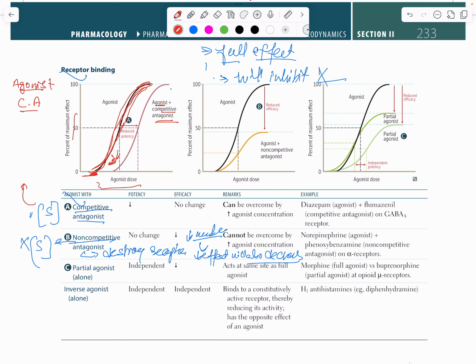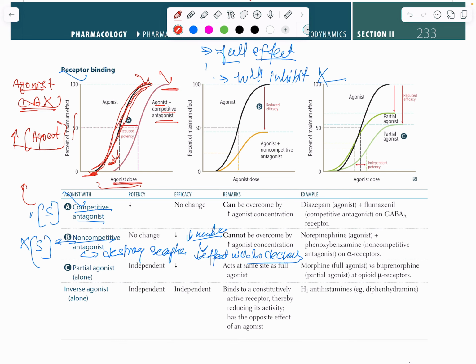But to overcome that inhibiting effect of the antagonist, we will increase the concentration of the agonist. When the concentration of the agonist is increased, the competitive inhibitor will be knocked out, and you will again get the same effect as the agonist was giving, but at a higher dose.